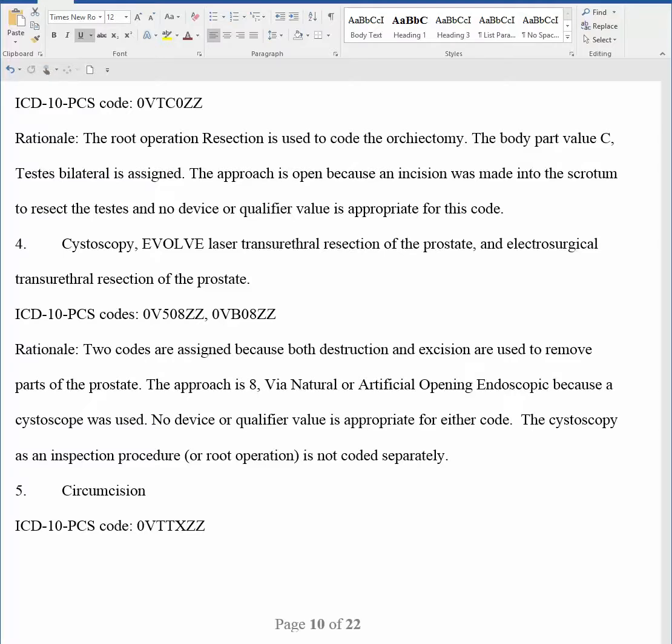Then it goes on, the surgeon documents he used a laser. So that changes our root operation in terms of being either excision or resection. The documentation of the use of the laser equates to the root operation of destruction. The evolved laser fiber was advanced, and then he removed some portion of the prostate gland.